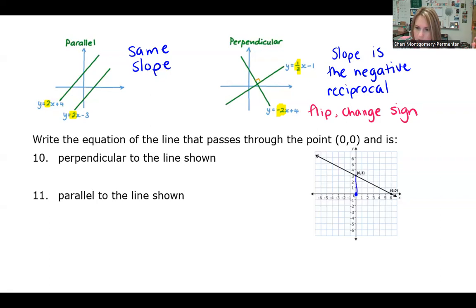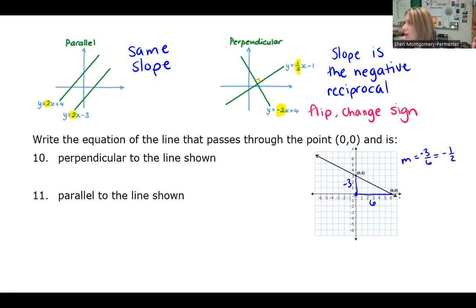So we go down 3, so it would be a -3. And we go over 6. So the slope is -3/6. Does that reduce to what? 1/2, and it's negative.